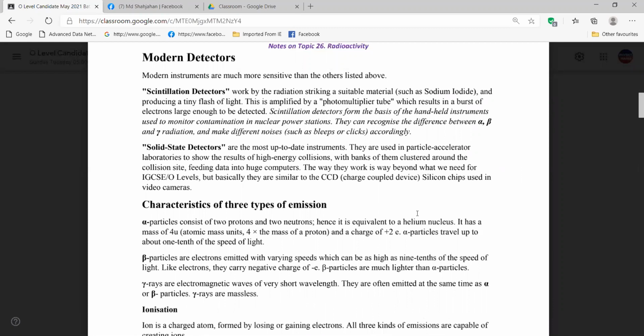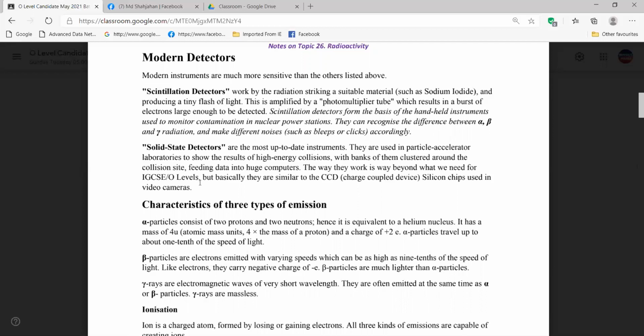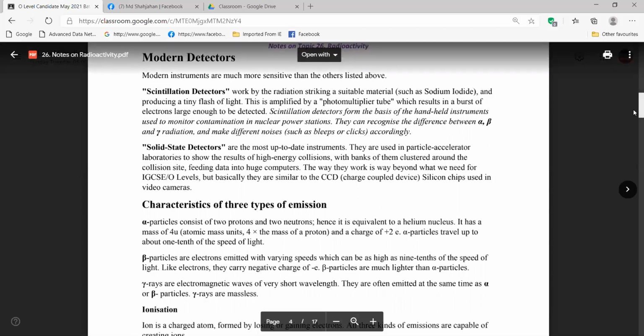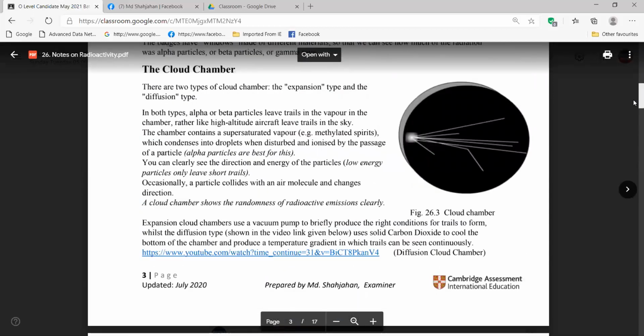Hello, sir. Till how much did you finish? We did till the modern detectors in last class. So till here do you have any queries? Yes, I was facing some problem in recapping the cloud chamber. Cloud chamber. Okay, let's go there. Where do you have a problem with the cloud chamber?